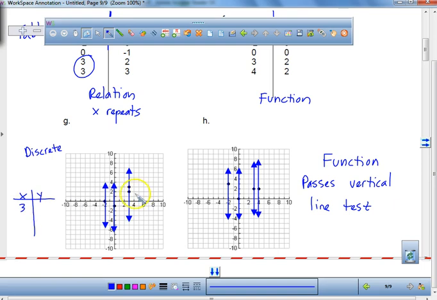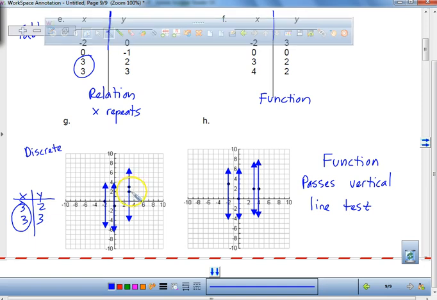About a 3 and then a 2, and about a 3 and a 3. Look what happens. What's repeating? X. So if a vertical line touches more than one point, this is not a function. This is called a discrete relation. This one right here would be referred to as a discrete function.